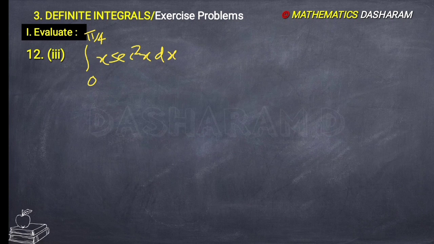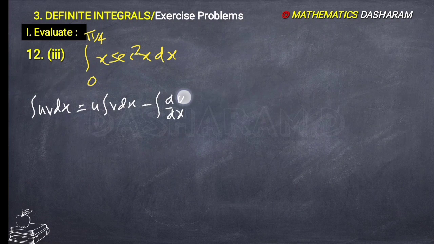Integration 0 to π/4 of x sec²x dx. So here use the product formula, that is ∫u v dx, equal to u ∫v dx minus ∫[d/dx of u times ∫v dx] dx.